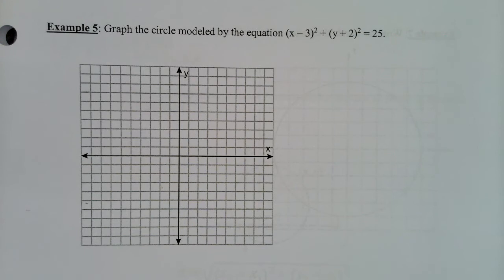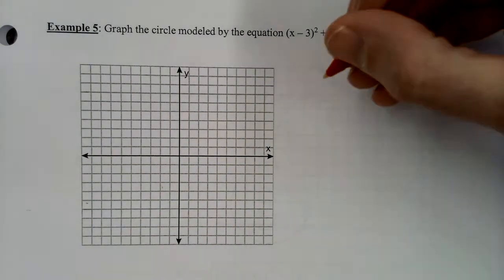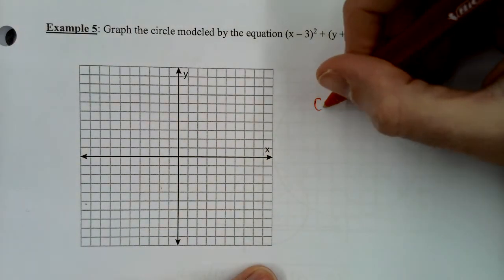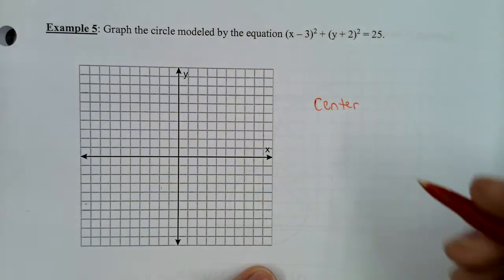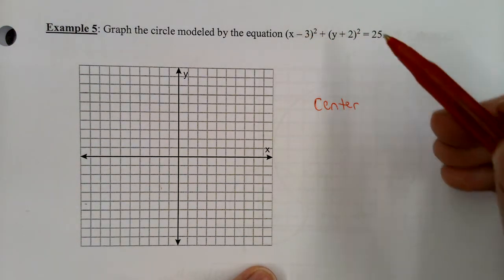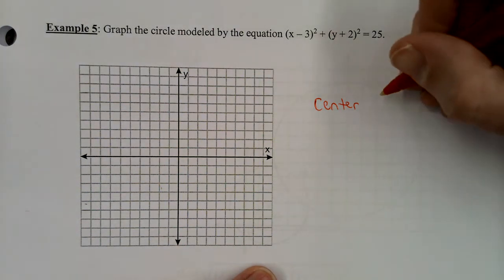Okay, so first what you're going to do is state the center and the radius off to the side. The center is opposite sign of that, comma, opposite sign of that. So it's 3, negative 2.